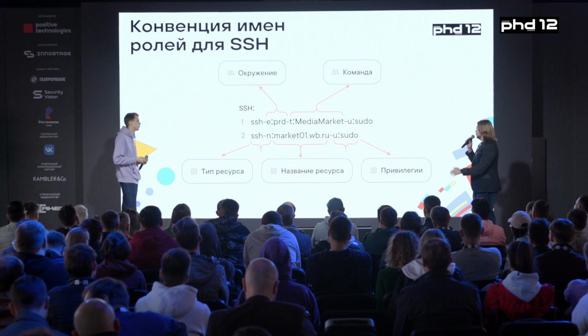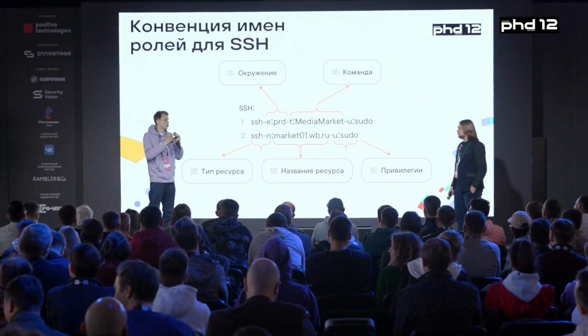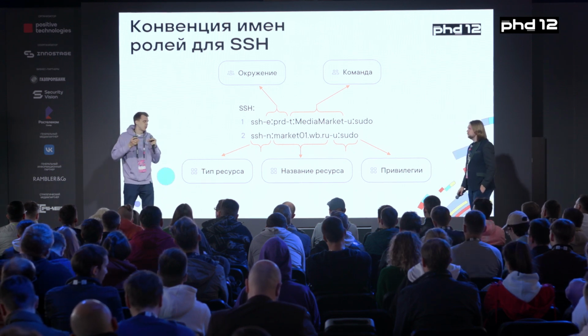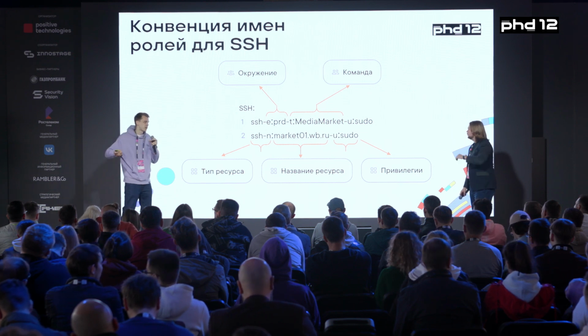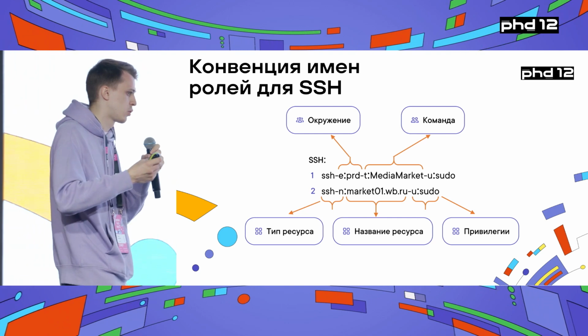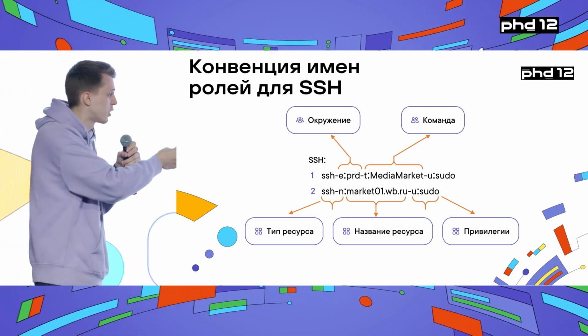And what is it? SSH minus E minus N, what does it mean? All the role names are generated based on tags. And we should be able to parse these tags in any other place outside of PAM, outside of the control plane. That's why we have these contractions for all these roles.